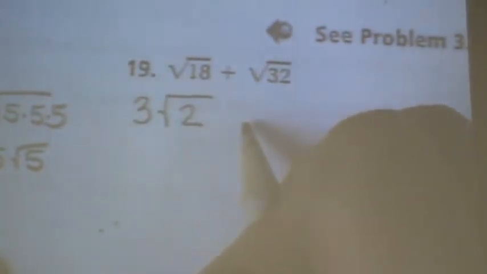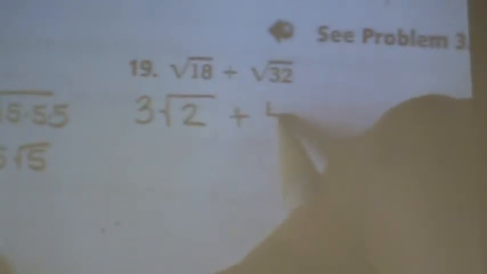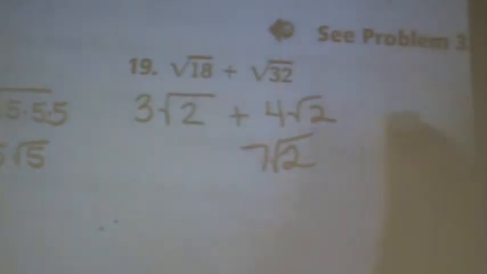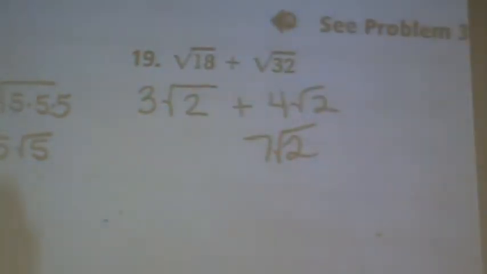Oh, no. Look. What's this one? Did you get 7 root 2? Okay, 3 more of these. Cube root of 54, what does that mean? What times what times what equals 54?